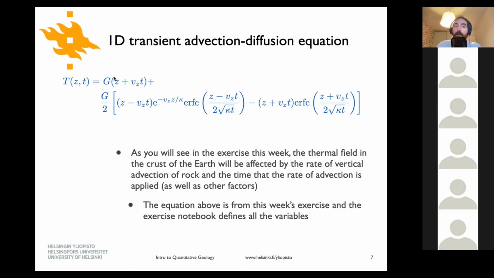So at time 0, the initial temperature gradient would be some constant change in temperature with depth. So let's say it gets 20 degrees C hotter for every 1 kilometer you go deeper into the model. That's what the big G is here. And then we start out with that condition and see how over time things are changing.